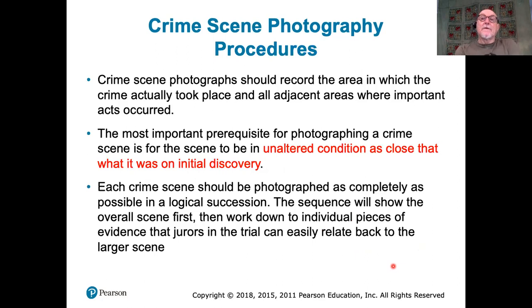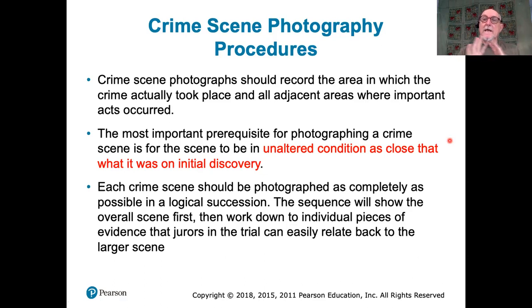So there is a particular way in which the photographers operate at a crime scene. And the first is, for each part, as far as possible, an overview of the crime scene is taken. Say the crime scene includes a house with several rooms.